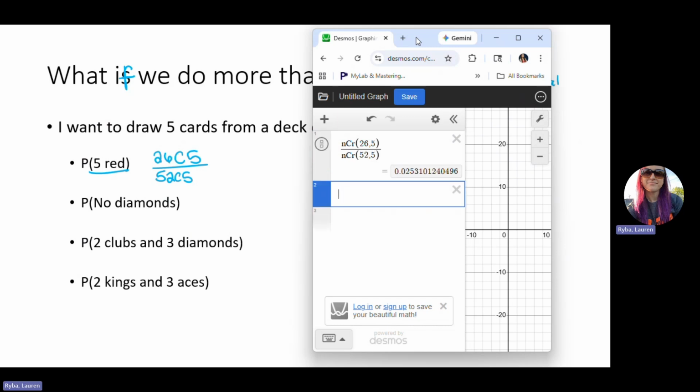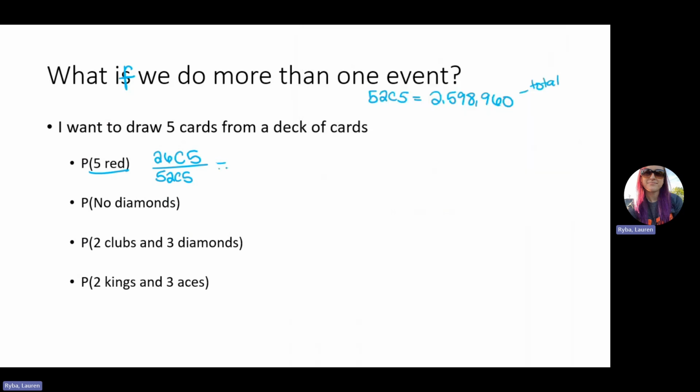In a game of poker, you actually only have about a 2.5% chance of drawing 5 red cards. Only a 2.5% chance, because 0.025, if I multiply that by 100, turns it into percent form. So that moves the decimal 2 places over, 2.5%. Usually when I'm doing these, I round to 3 or 4 decimals. 0.025.